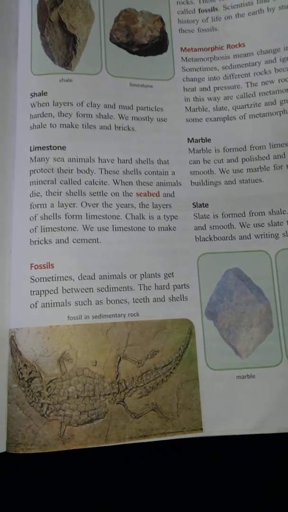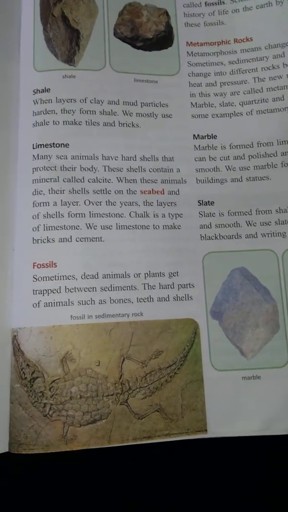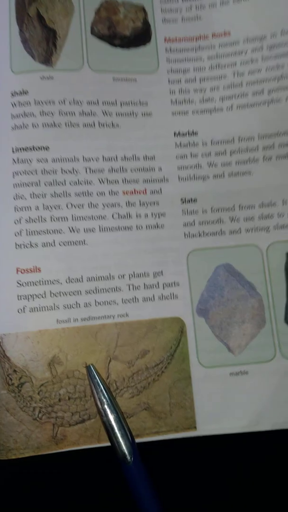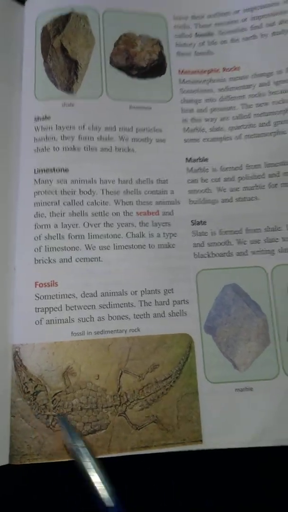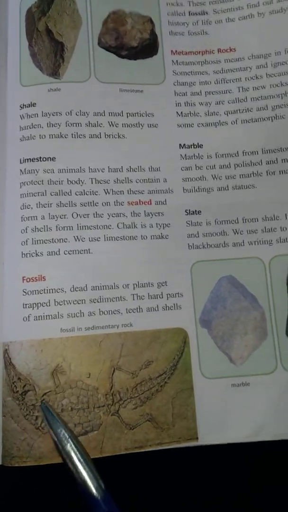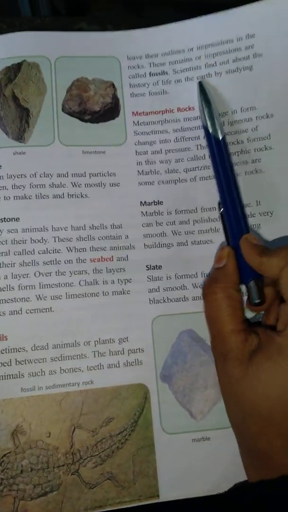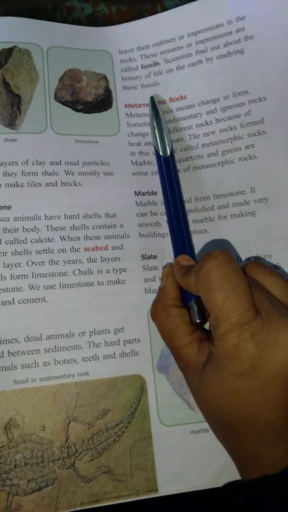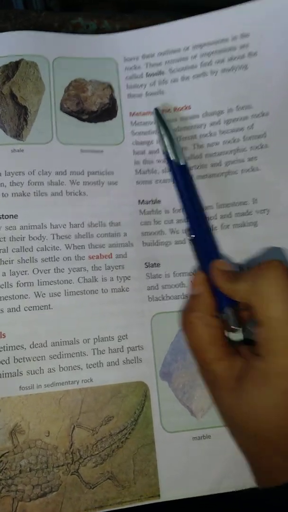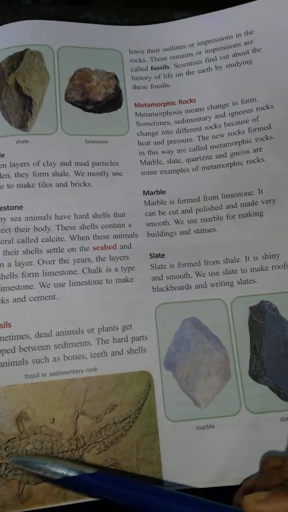Sometimes animals or plants get trapped between the sediments, like sticking between pebbles. After that, their body structure forms, like bones, teeth and cells. All these are found in the form of impressions. These impressions are called fossils. Scientists study the history of plants and animals depending upon these impressions.